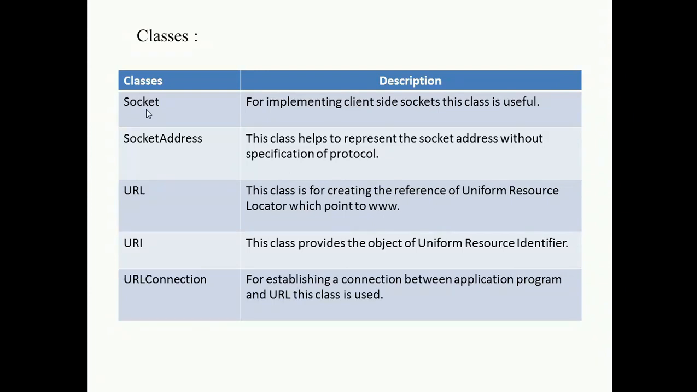This class provides the object of the Uniform Resource Identifier. And last class is URLConnection. For establishing a connection between the application program and the URL, this class is used. So these classes are more useful in the program.